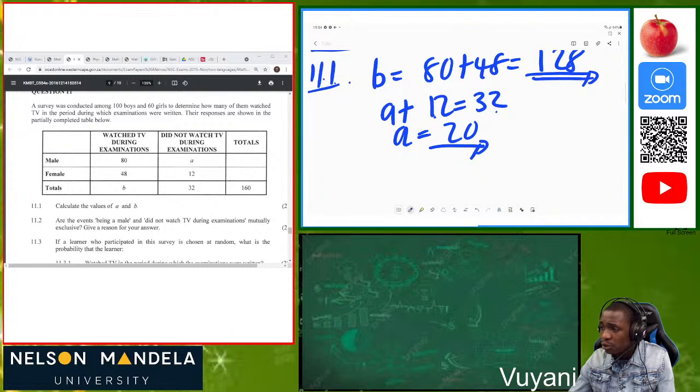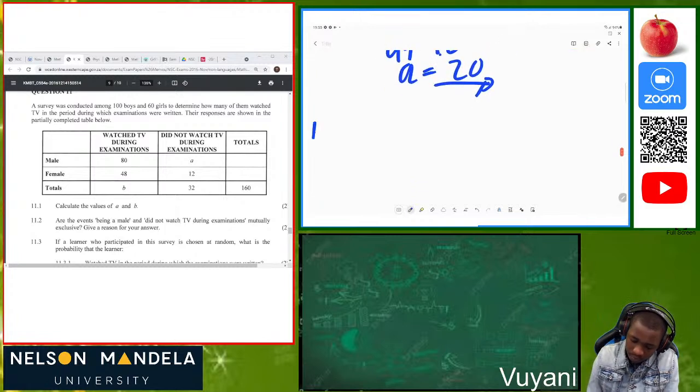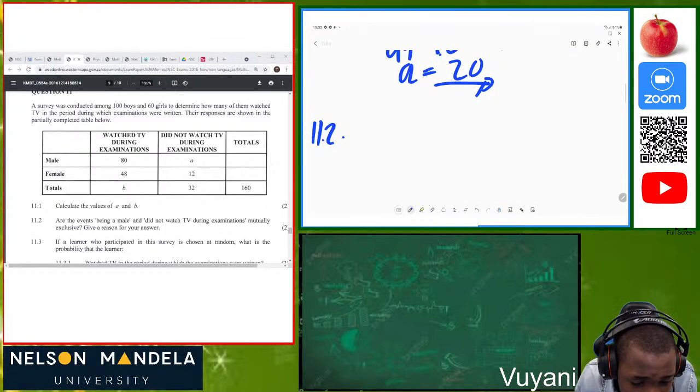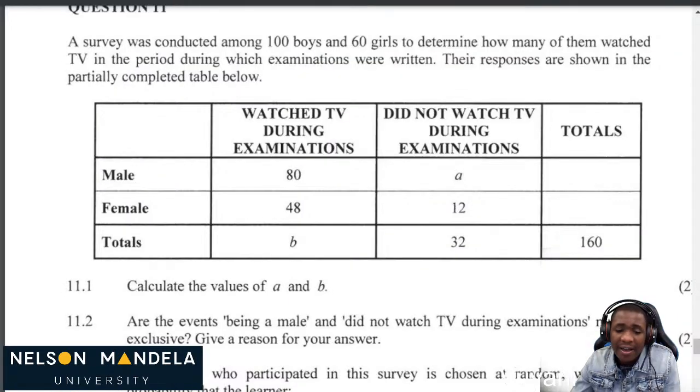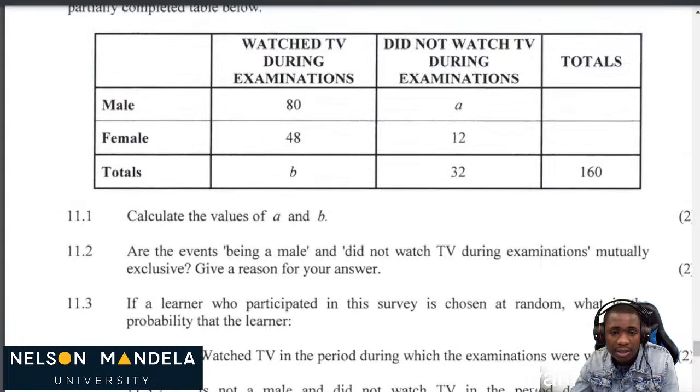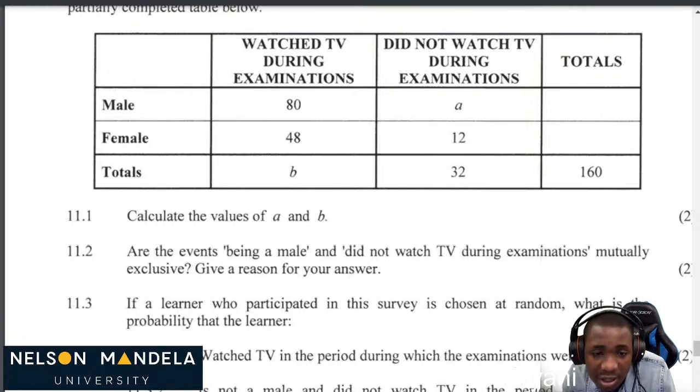On 11.2, are the events being a male and did not watch TV during exams mutually exclusive?